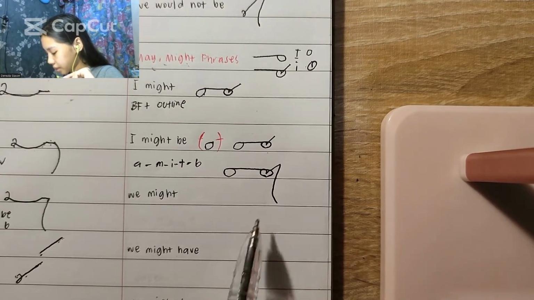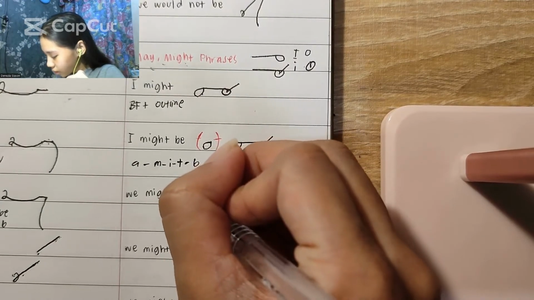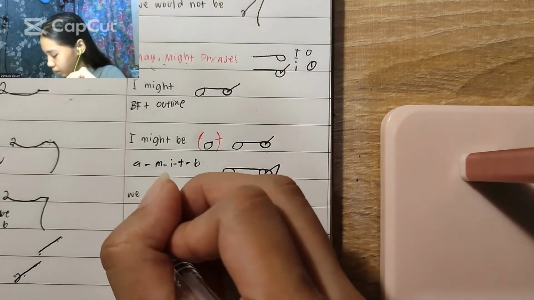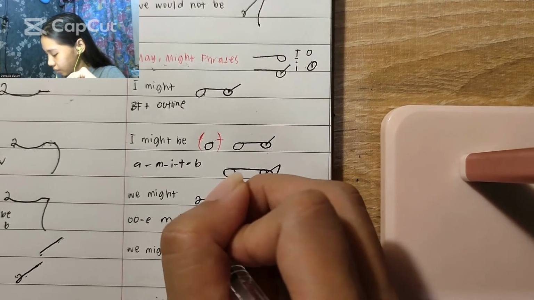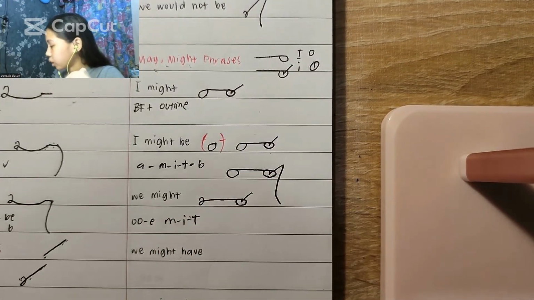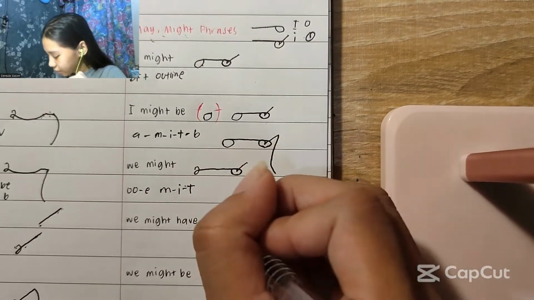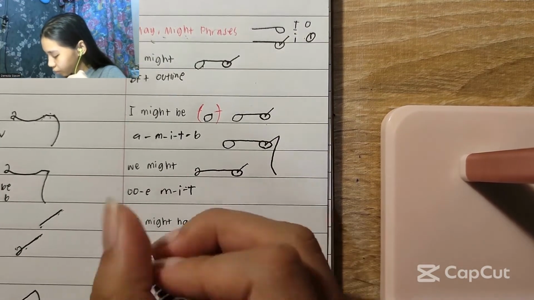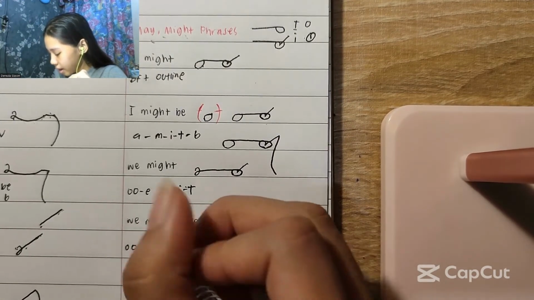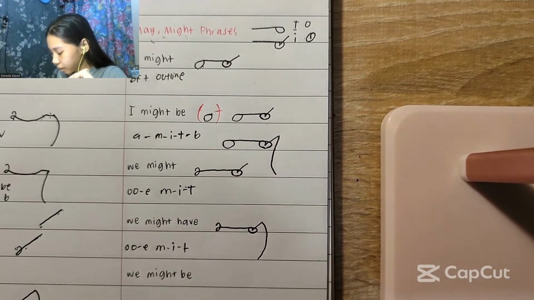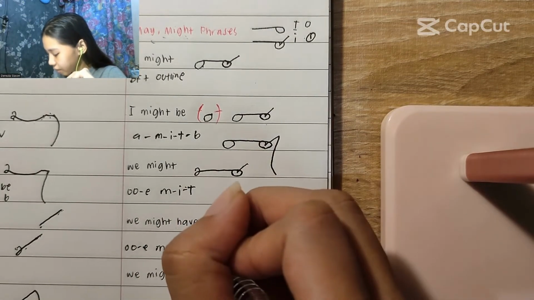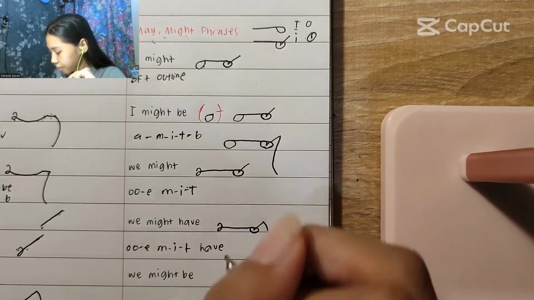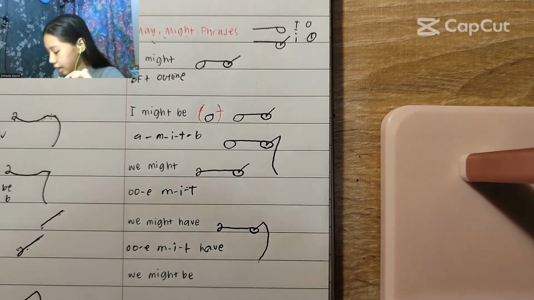I might be. We might: UE-MIT. So UE for we, and then MIT for the outline of the word might. We might have: UE-MIT, have. So UE again for the pronoun we, MIT for the outline of the word might, and then the downward curve V for the representation of have.